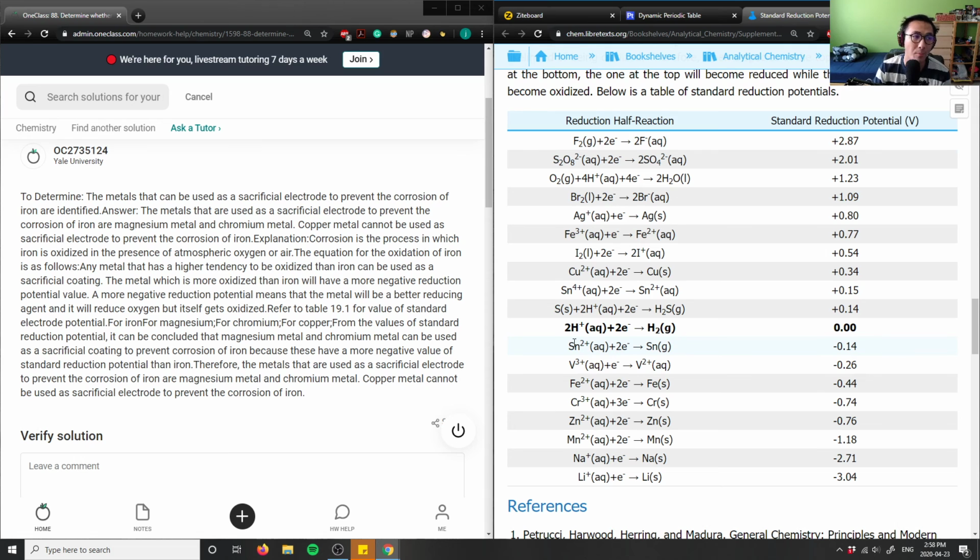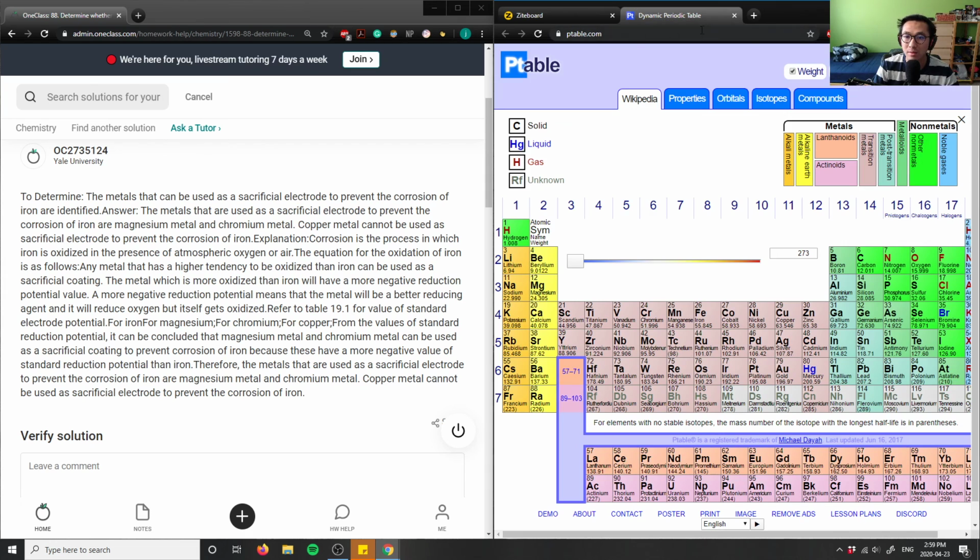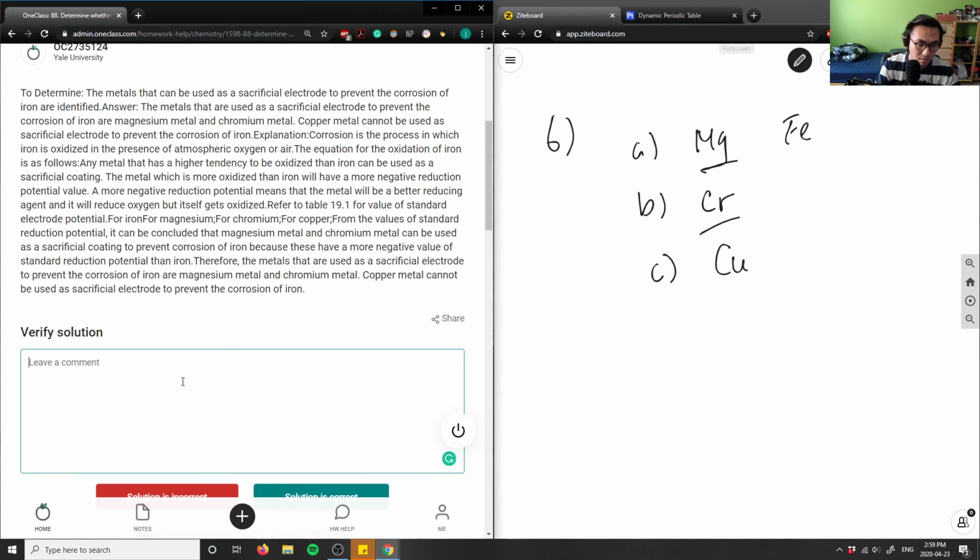So therefore, if copper is above it, then iron is going to get oxidized first before copper does. Basically, that's the order here. I don't think magnesium is on this, but I'm pretty sure the standard reduction potential of magnesium is lower than iron here. So it would be able to protect it against corrosion. Therefore, this solution here is correct.